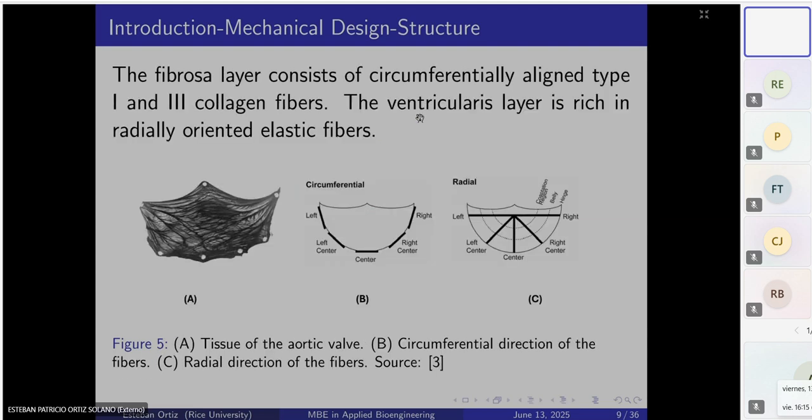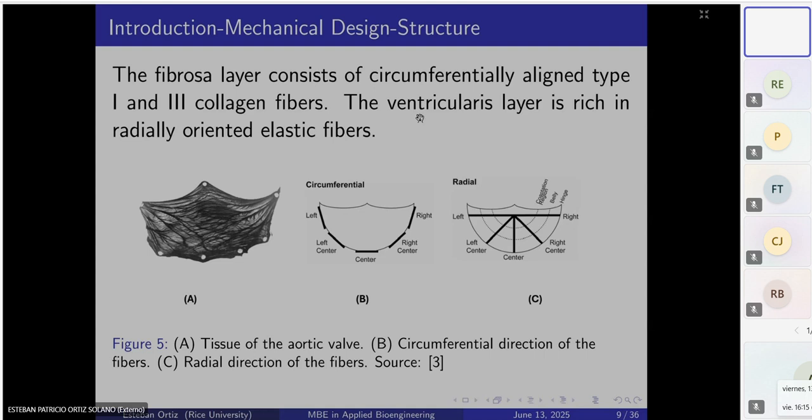Now that we understand the distribution of the tissue in the valve, and the mechanical parameter that facilitates the movement of the valve, we need to understand how the stresses are distributed in the tissue.